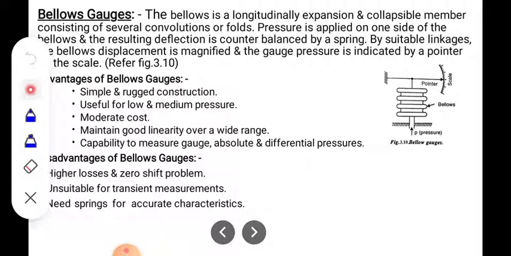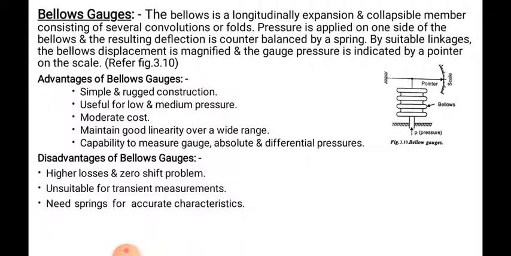By a suitable linkage, the bellows displacement is magnified, and the gauge pressure is indicated by a pointer on the scale.